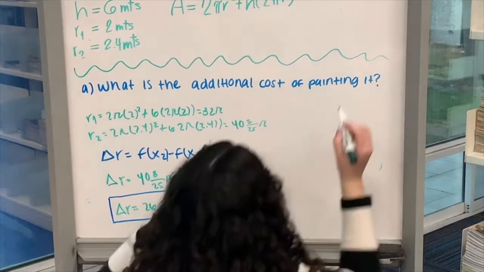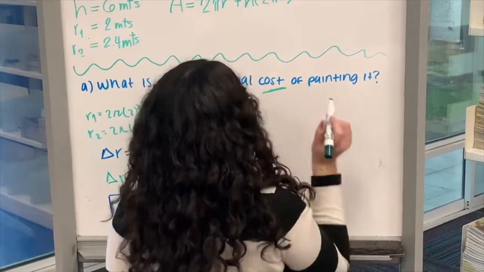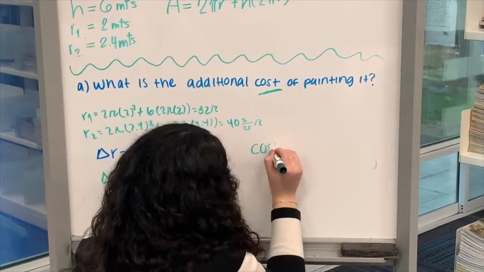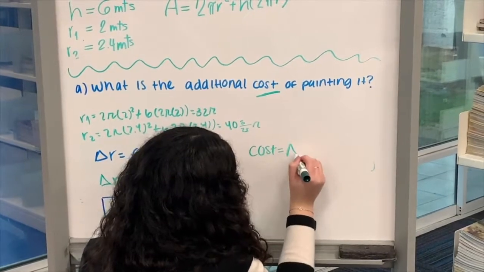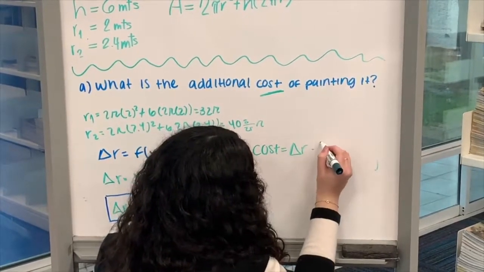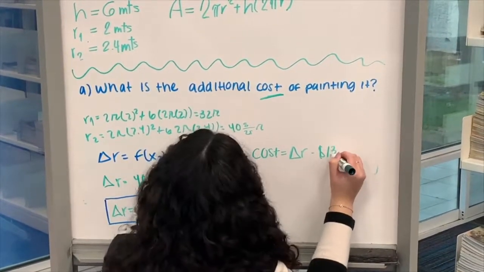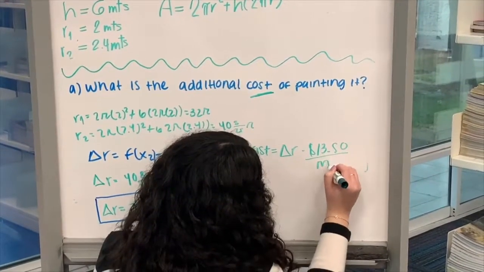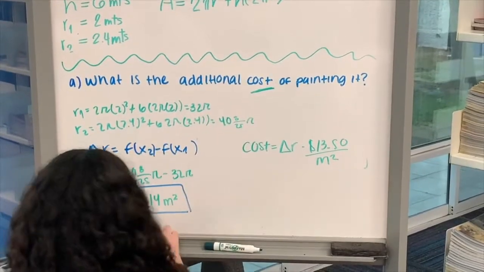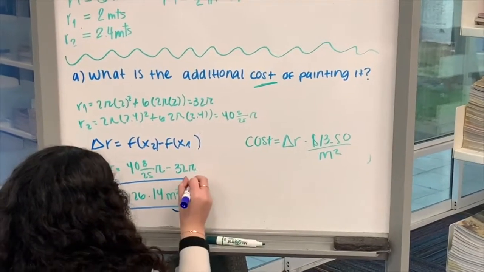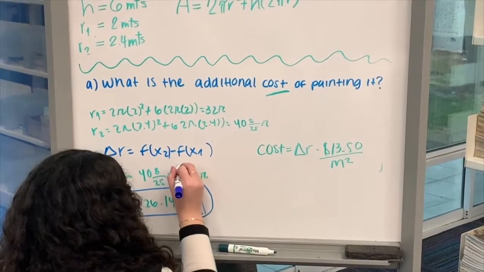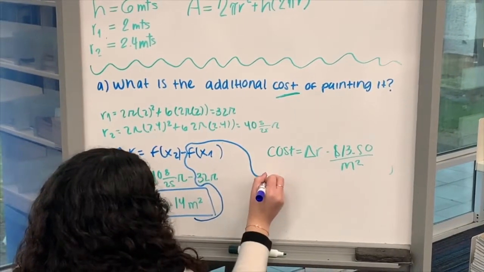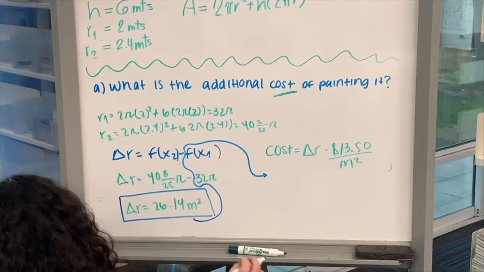Even though we already found the increment value, we are still looking for the cost. The formula for cost is the increment value times $13.50, since this is the price that we're given, over meters squared. So we already know what the increment is, so we're just going to substitute.